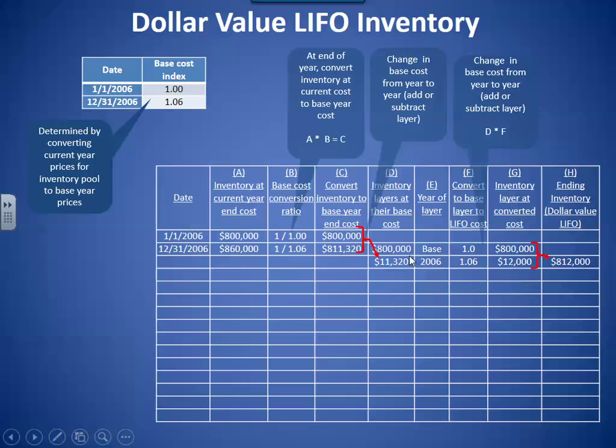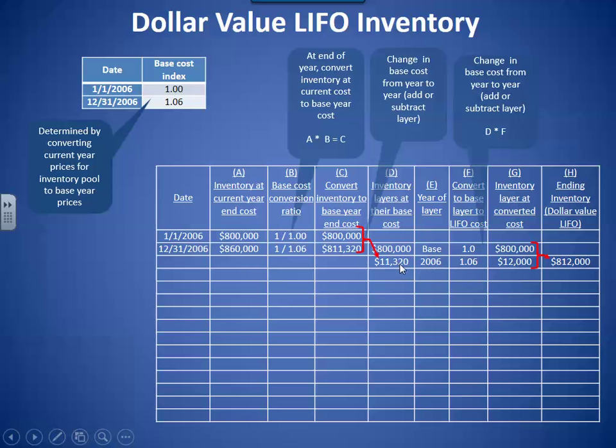So we do that by taking our $800,000 layer in this case times 1, because that's our base year ratio, 1. So 800,000 times 1 equals $800,000. And we have to convert the $11,320, which is our 2006 layer. And in this case, we're going to convert it using the index of 1.06.